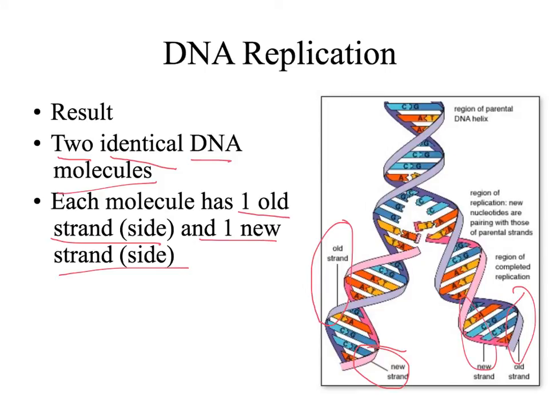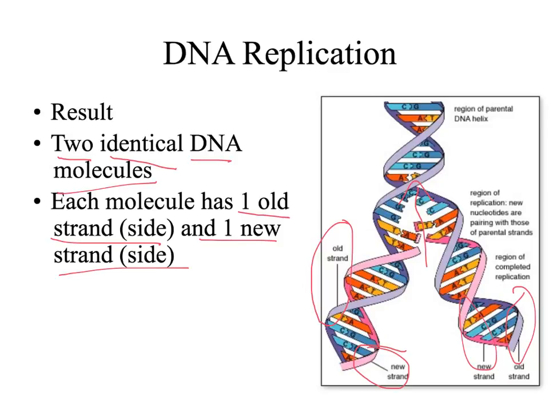So this will eventually unwind all the way up to the very end of the DNA and replicate all the way through, and we'd have 2 separate molecules that each have an old strand and a new strand. Here's the final key answer: this is called semi-conservative.